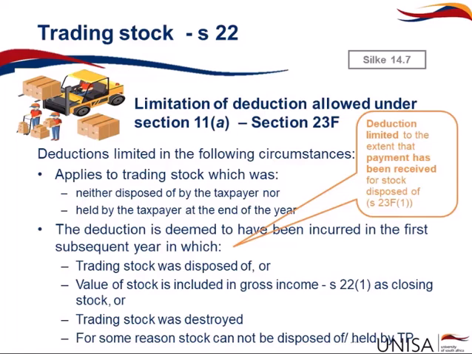So Section 23F in essence says, okay, considering you don't have it in your closing inventory, you're not adding it back to gross income, you cannot get the Section 11A deduction for having purchased that inventory in the first place.